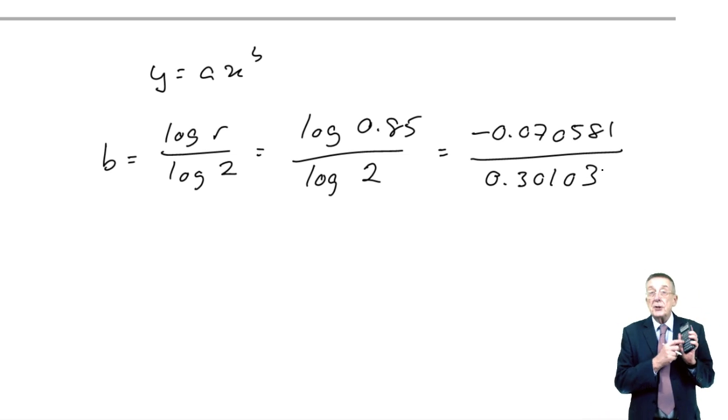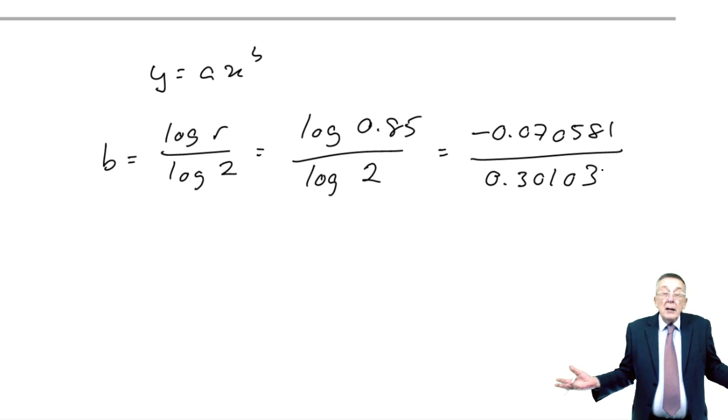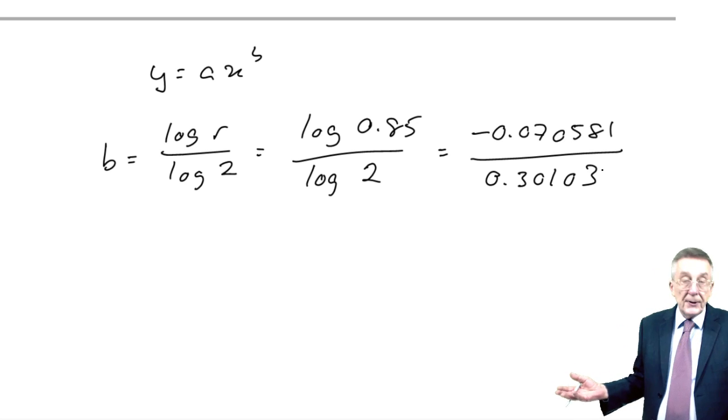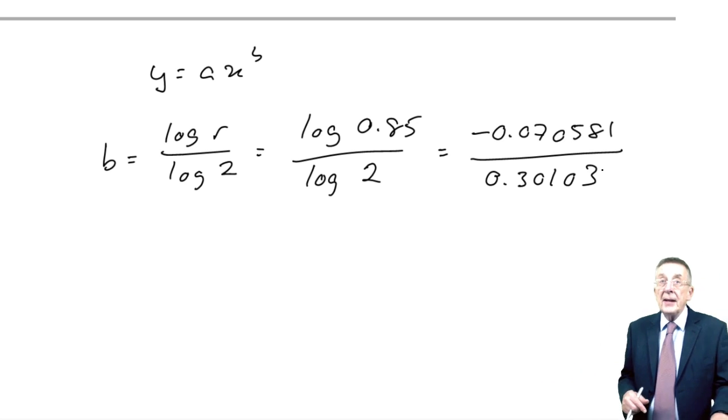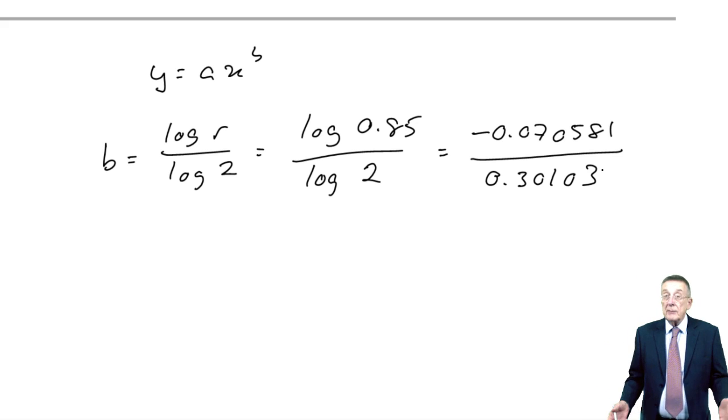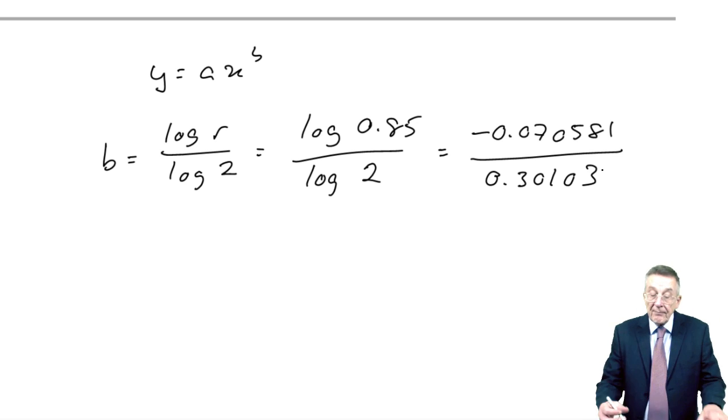Incidentally, on mine, I put 2 and then press the log button. Different calculators have different orders of how you put things in. If you're not sure, you're going to have to look at the manual.